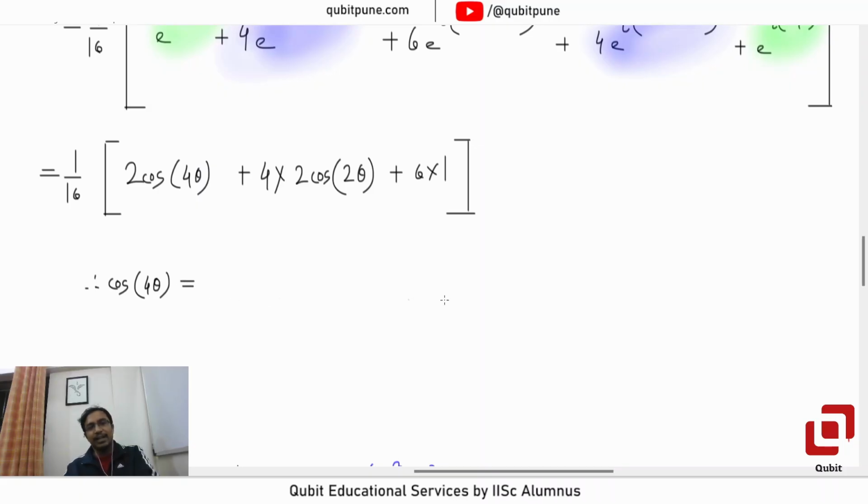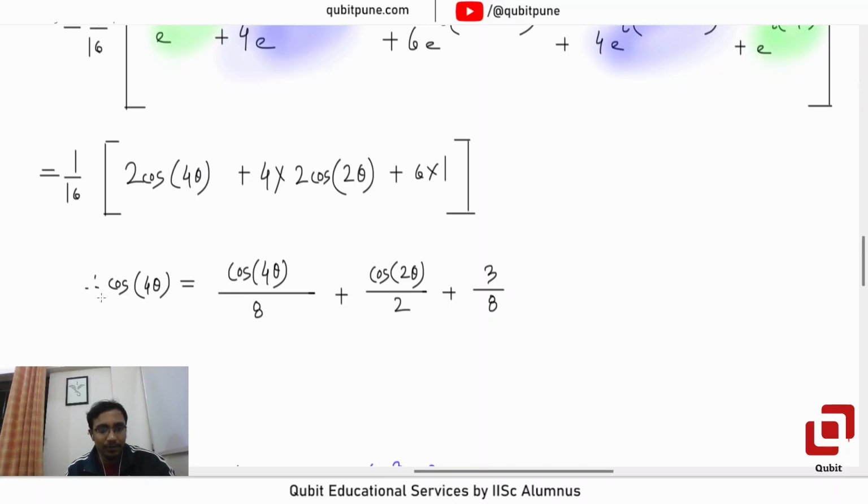Now who knows, they might ask you the third term, fourth term, or the coefficient of something in cos 37 theta. That will be a nice question combining the binomial theorem and this. Isn't that nice? Cos 4 theta equals cos 4 theta by 8 plus cos 2 theta by 2 plus 3 by 8.